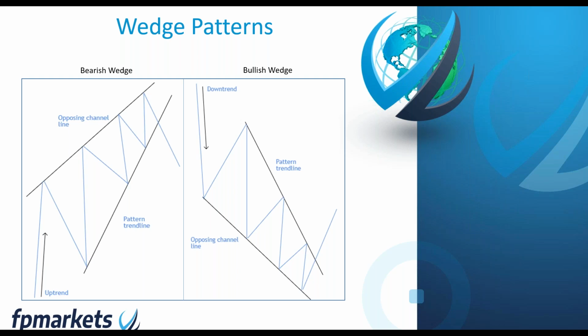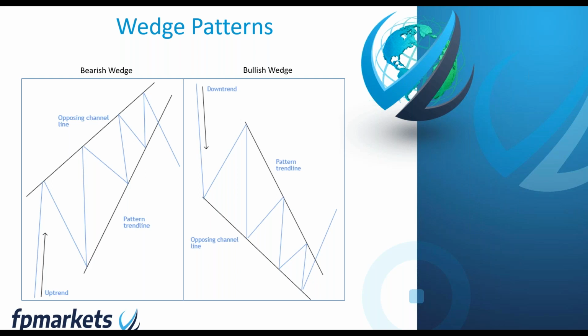The key difference, as I believe I've already said, is that unlike a pennant pattern, a sharp move preceding the wedge is not required. Another point, as I think I've already touched on, is that the wedge tends to be more of a longer term formation, whereas the pennant pattern tends to be more shorter term in nature.